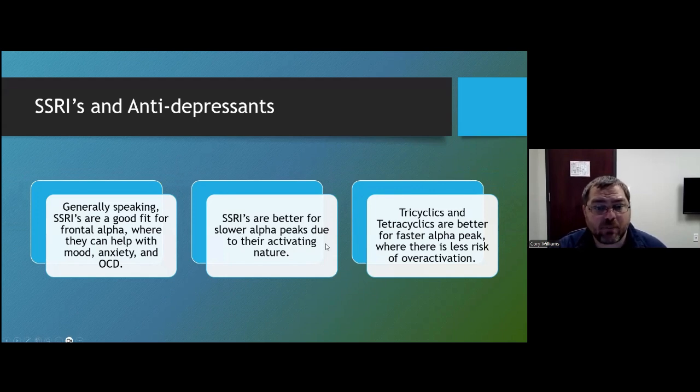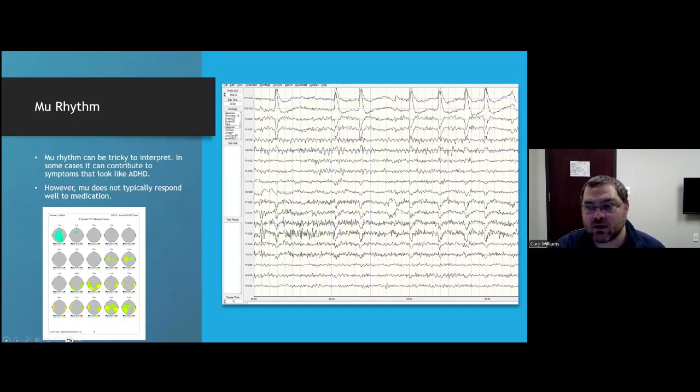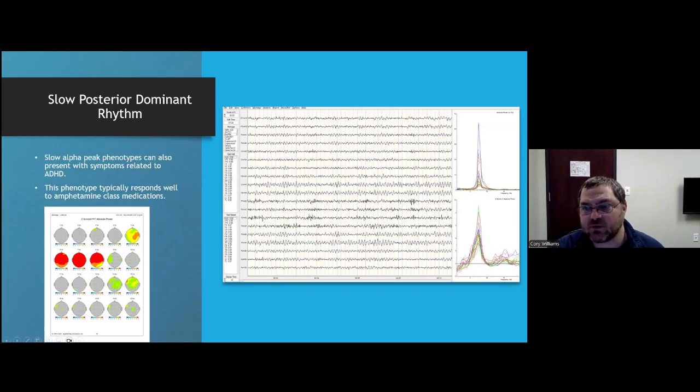They are better for people who have a slower alpha peak, like we saw in the previous two slides. If that person with the slow alpha peak, and I'll go back just so you can see what I'm talking about here, if this person with their slow 7.5 hertz alpha peak comes in and complains about not feeling focused or not performing well at work, maybe we want to go the stimulant route.